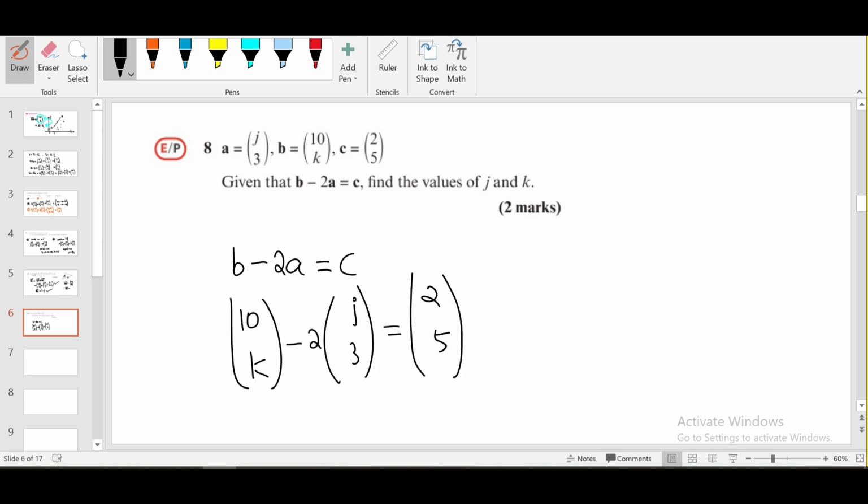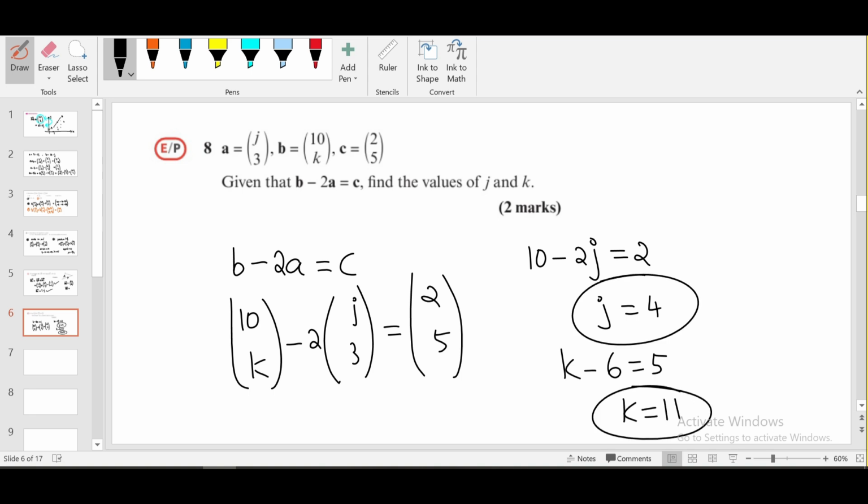Frame two equations. First take all the x components. 10 minus 2j is equal to 2. Make j the subject. You will get 10 minus 2, 8 over 2 is 4. Frame another equation. k minus 6 is equal to 5. k is 11. You got the answer already.